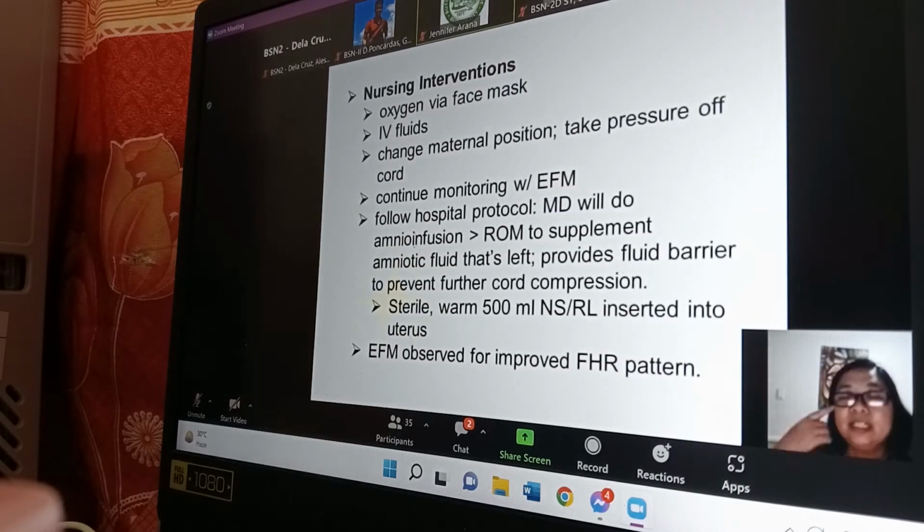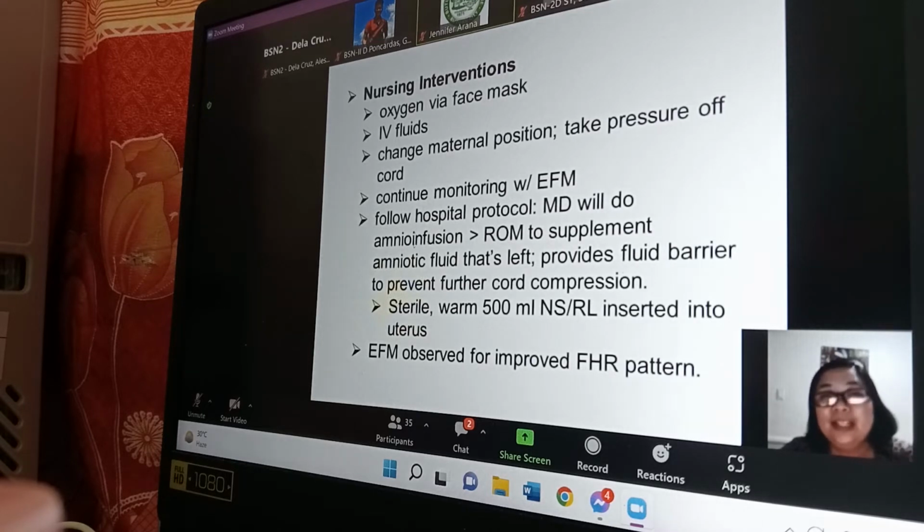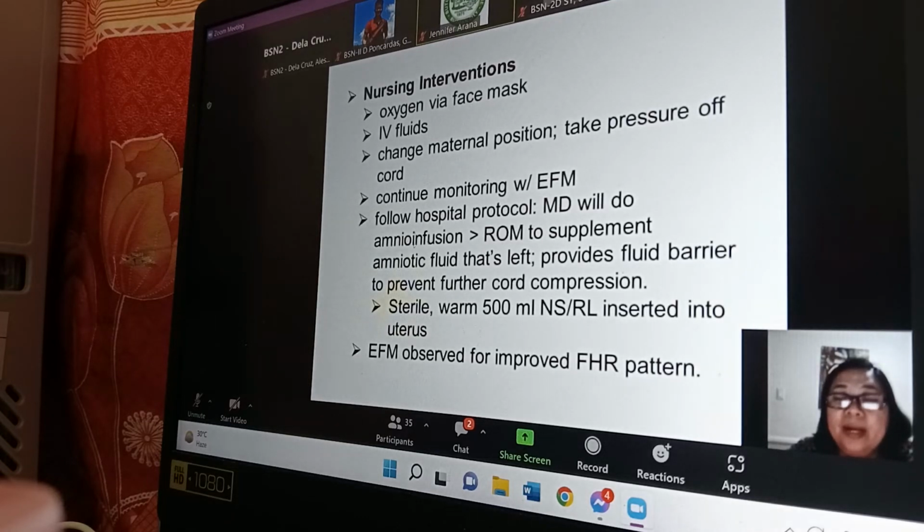So what are our nursing interventions for variable deceleration? We have to give or oxygenate the mother via face mask, give IV fluids, change the maternal position to take the pressure off the cord para mo improve ang circulation.